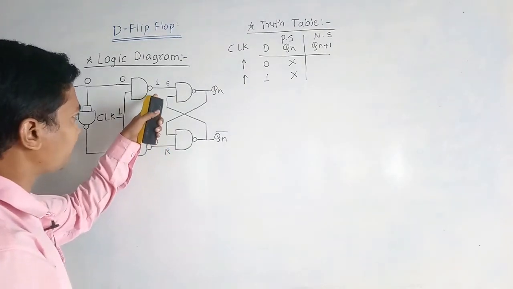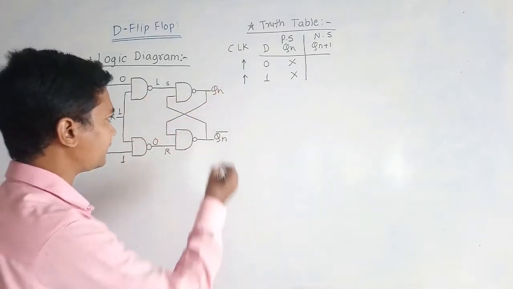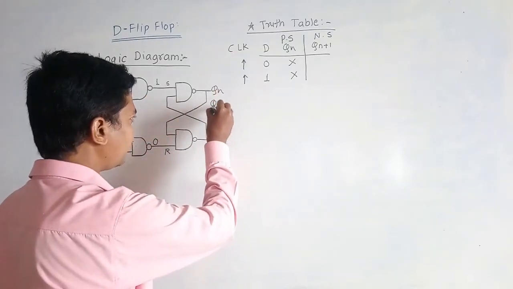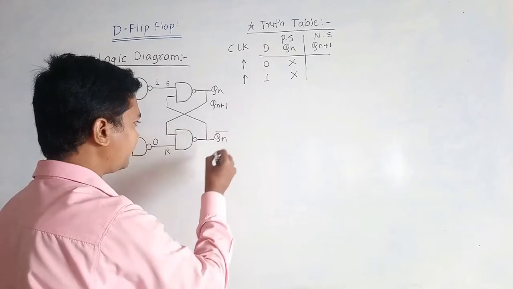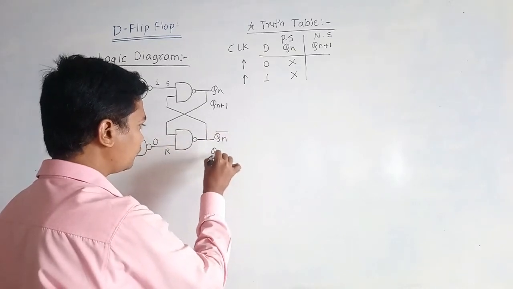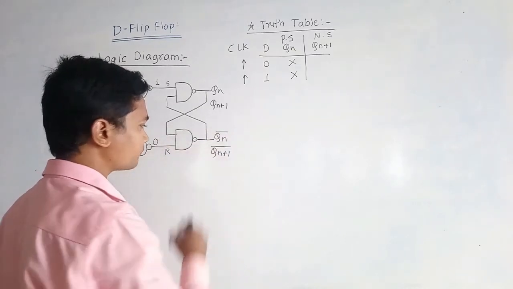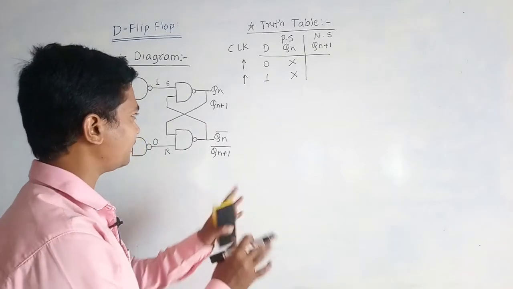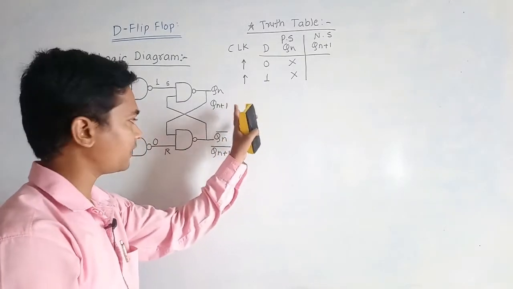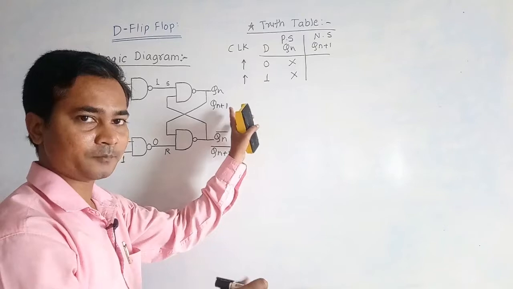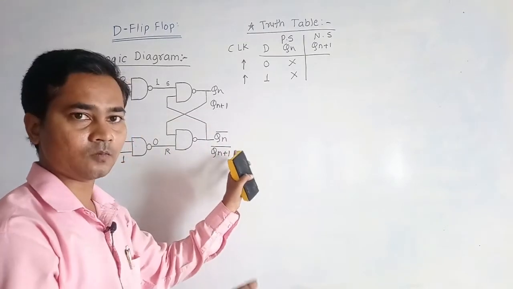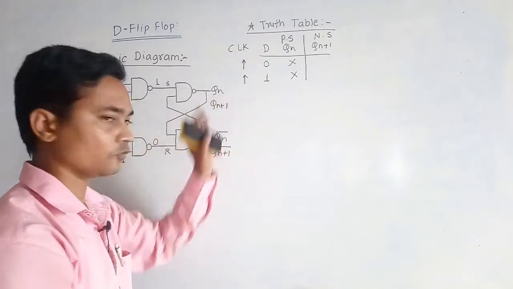Now we have to obtain Qn plus 1, that is the next state. Our interest is in a single output, because the second output is the complementary version of the first output.